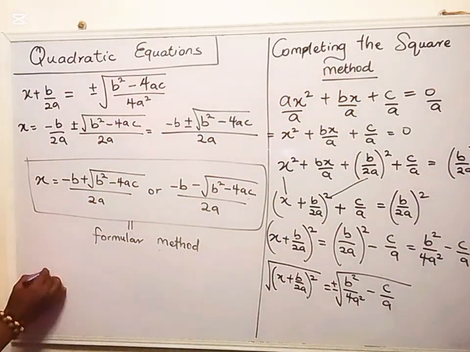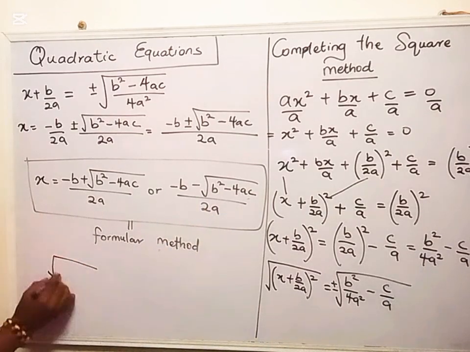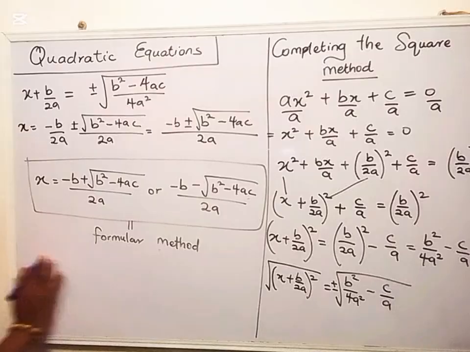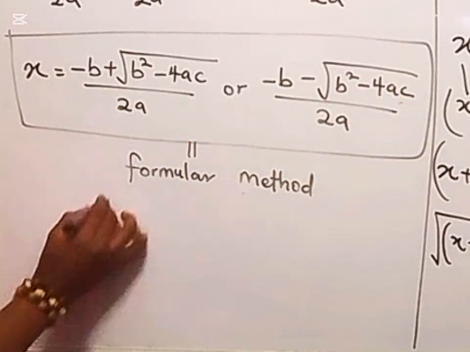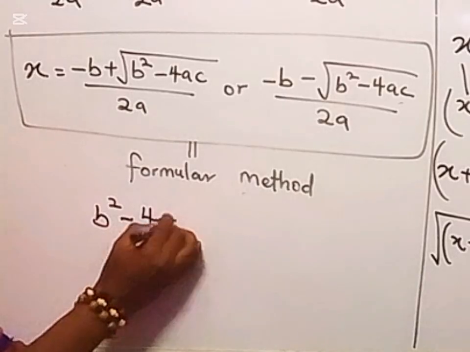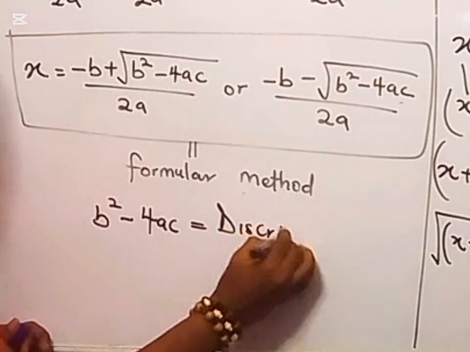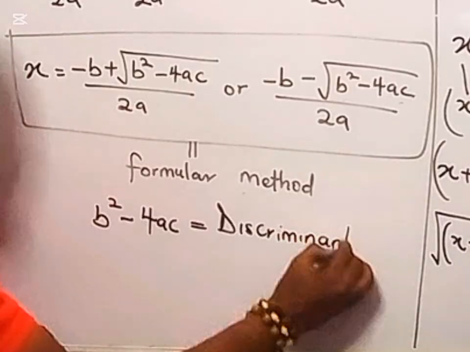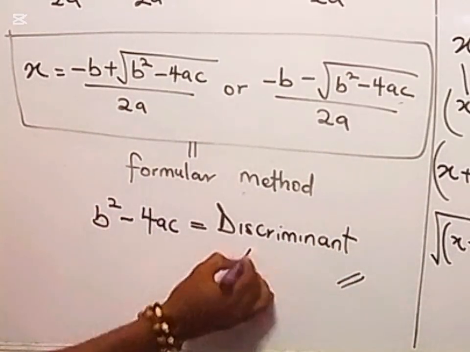Mind you, you see this thing inside the square root, which is this expression b squared minus 4ac, is known as the discriminant. We will use this information in another video, and it is used in what?